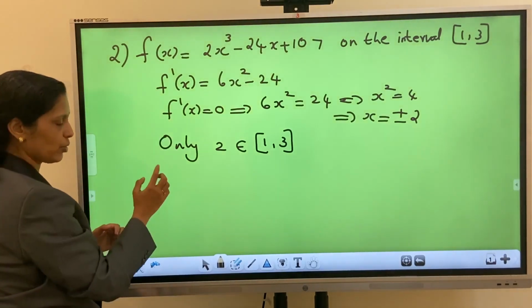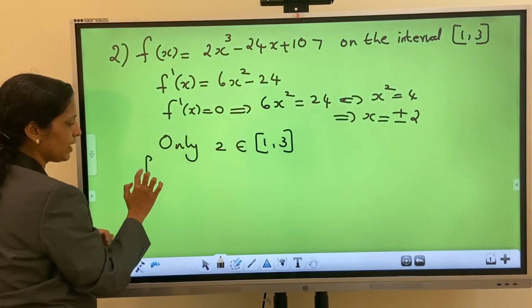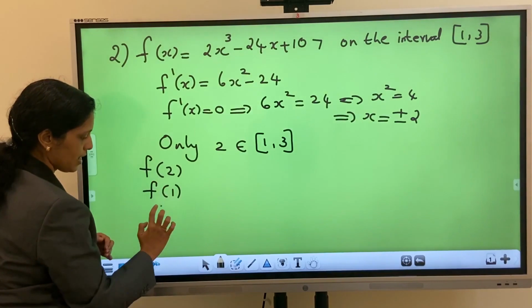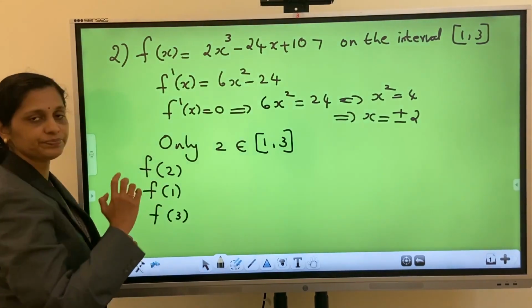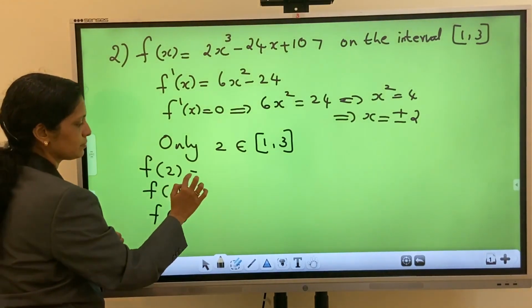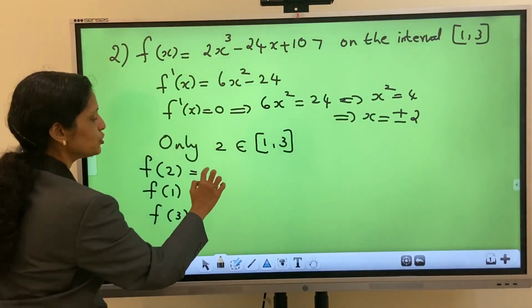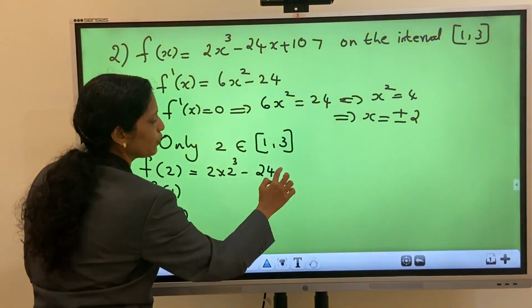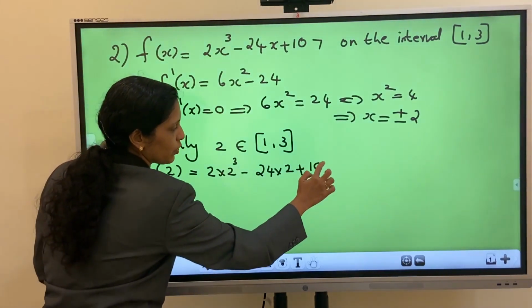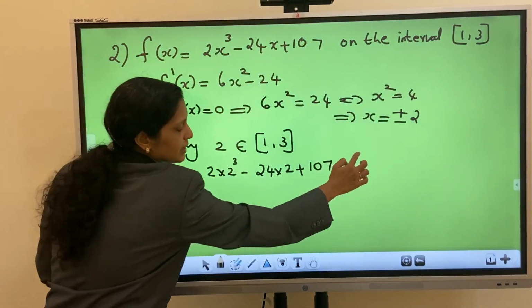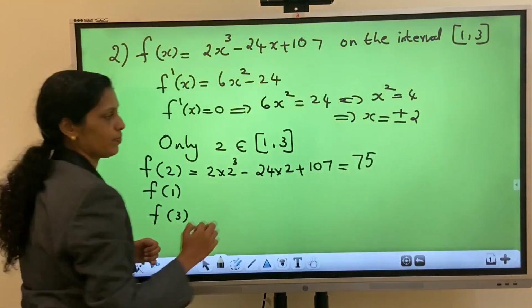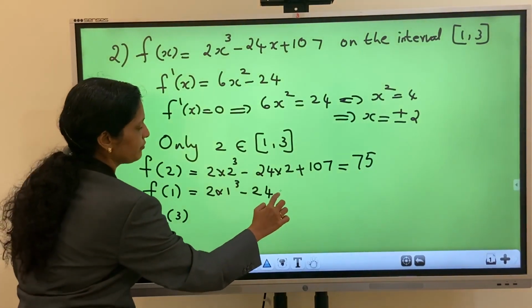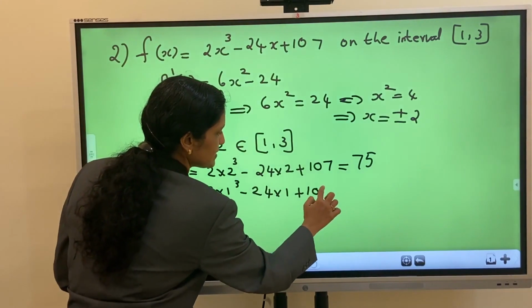Then just like the previous problem, you just find f of 2, f of 1 and f of 3. F of 2 is 2 into 2 cube minus 24 into 2 plus 107. You can see that its value is 75. And f of 1 is 2 into 1 cube minus 24 into 1 plus 107.